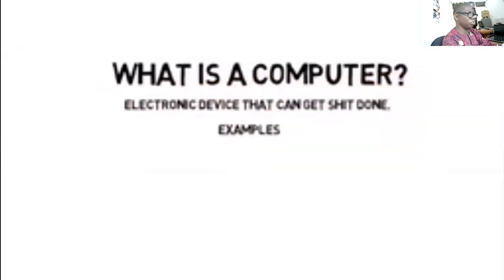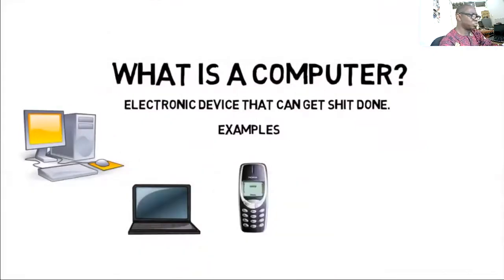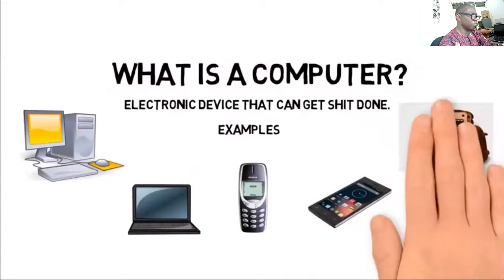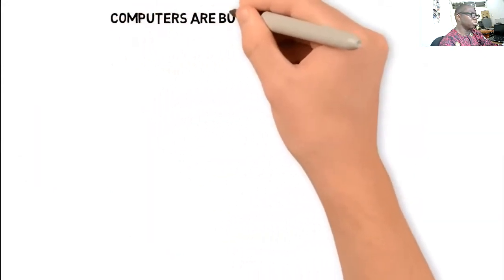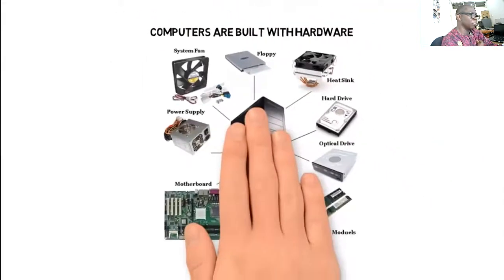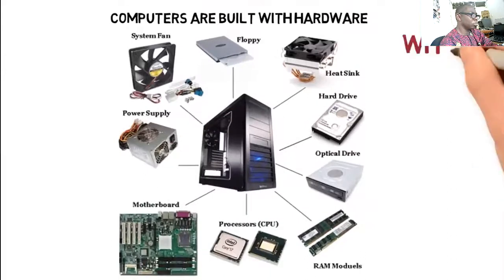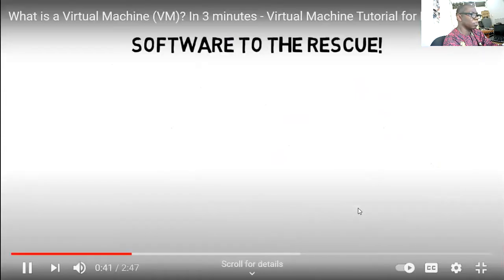Examples of computers are a desktop computer or a smartphone. Now, most nowadays are computers. Computers are built with physical parts of hardware. That is where software comes.